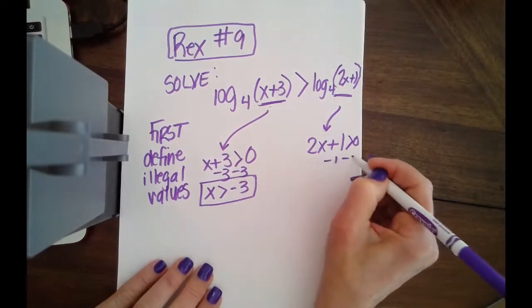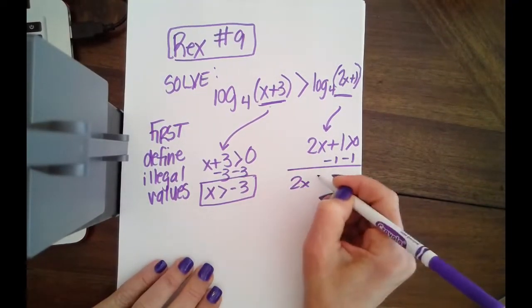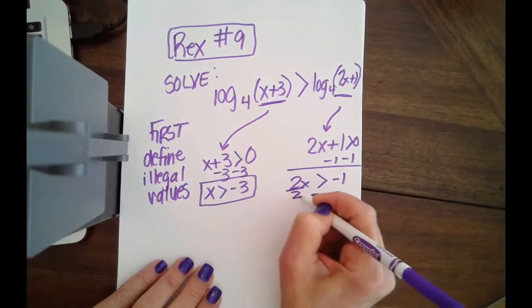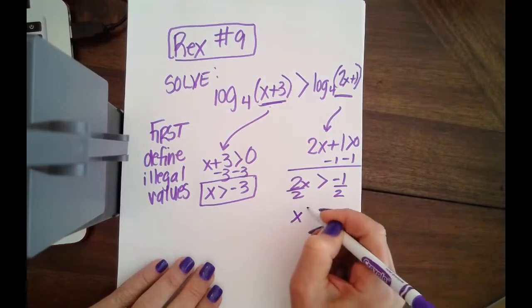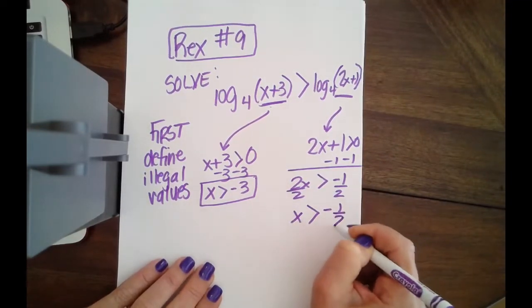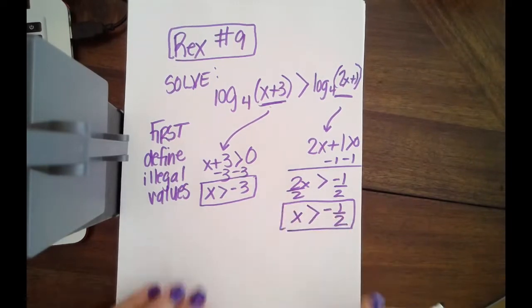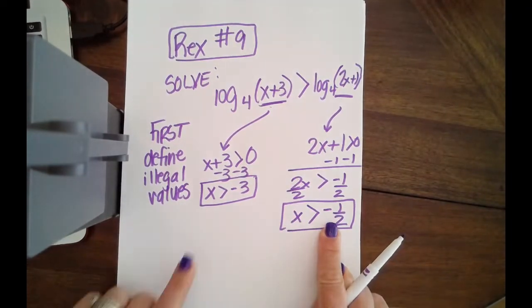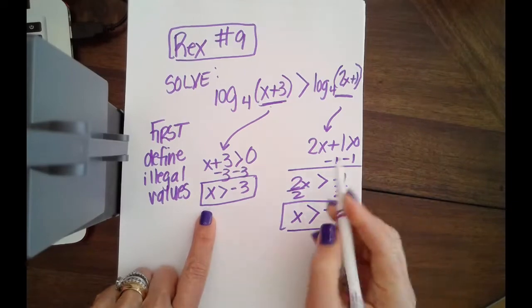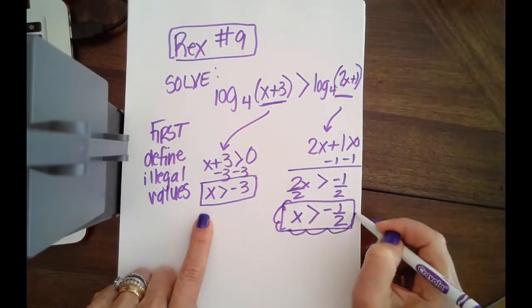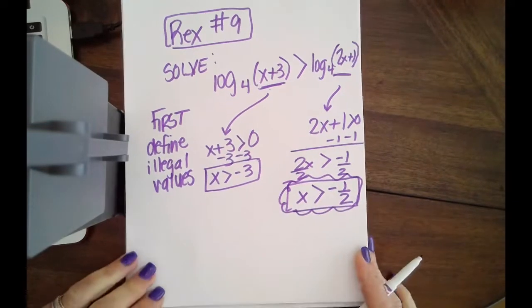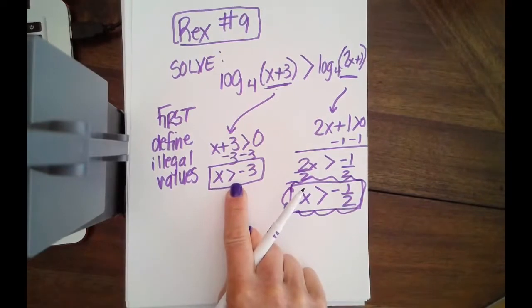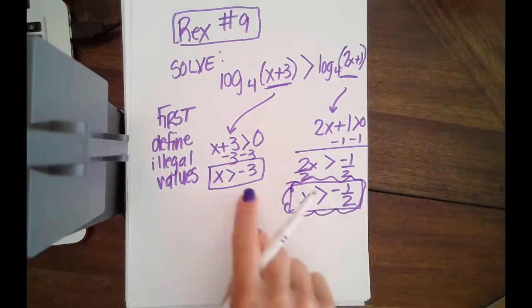Okay, minus 1, minus 1, 2x greater than -1, divide by 2, divide by 2, x greater than -1/2. Okay, now, if it's greater than -1/2, then you know it's greater than -3. So this is going to be our lowest possible value, okay? So if it's greater than -3, that means greater than -1/2 covers this, okay?